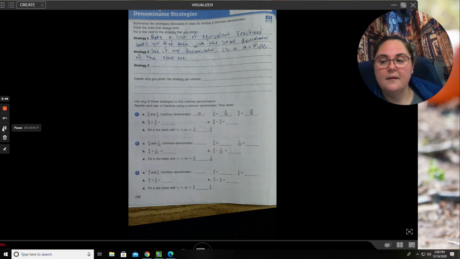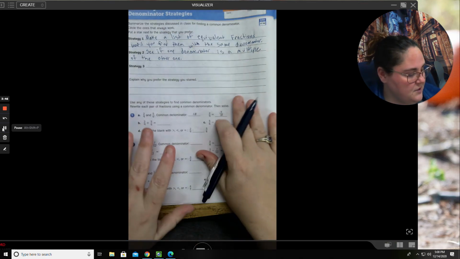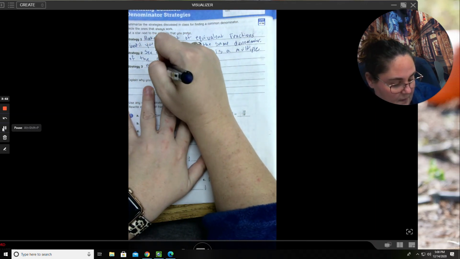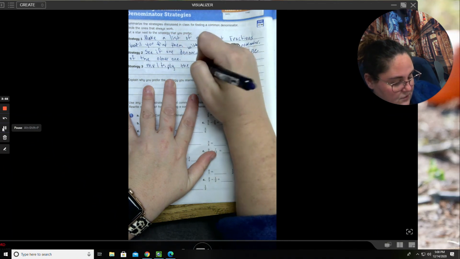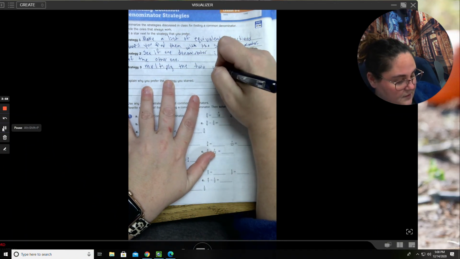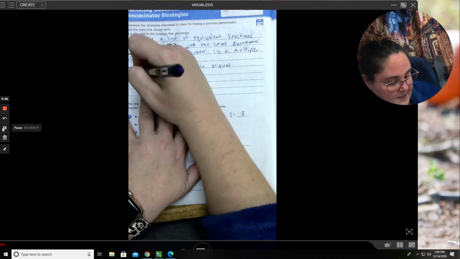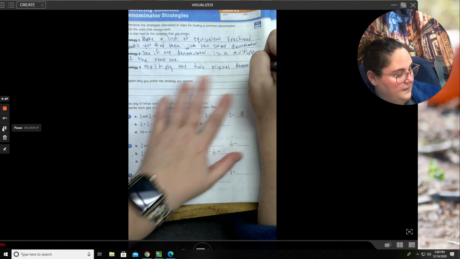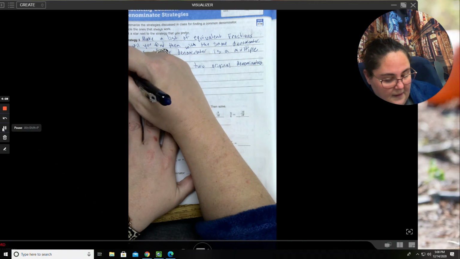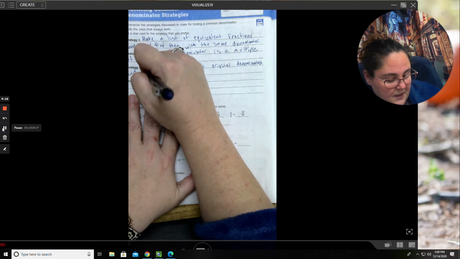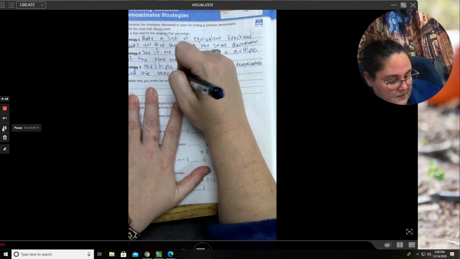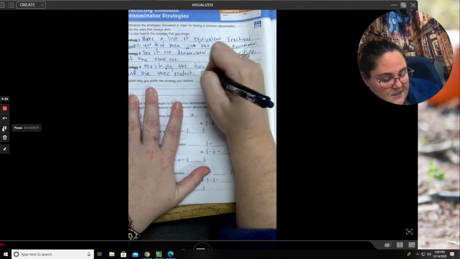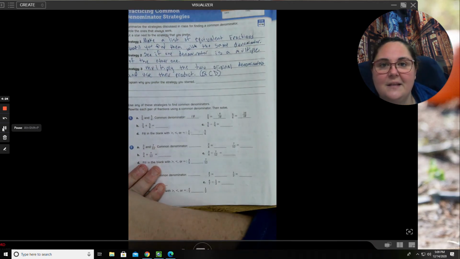Okay. The last strategy, one of the other strategies that we have, is we can multiply the 2 original denominators and use their product. This is called the QCD, or the quick common denominator.